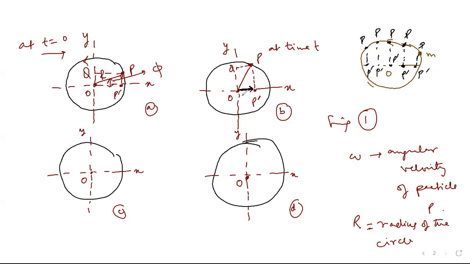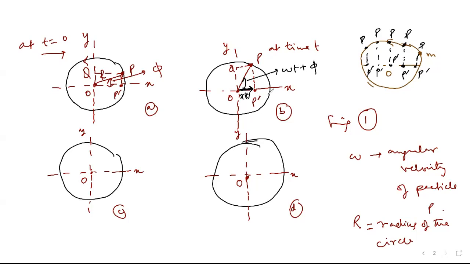We call this OP prime x of t, and this angle here will be omega t plus phi. Why so? Because at t equal to 0, this OP vector is making angle phi.